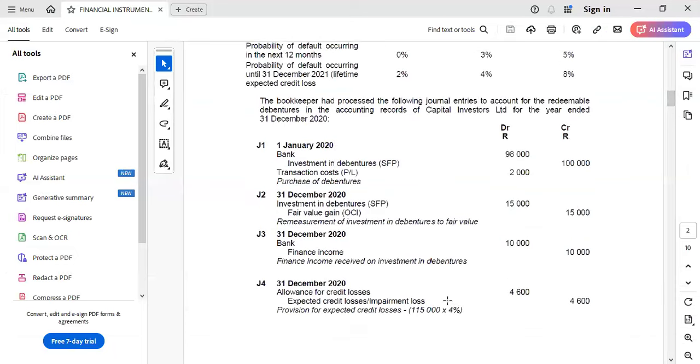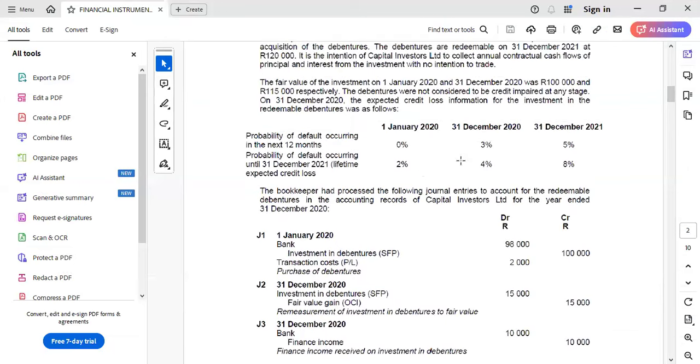Right. Use the 4%, which is this one here. Lifetime expected credit losses. The risk is still at stage 1 because the debentures were not considered to be credit impaired.